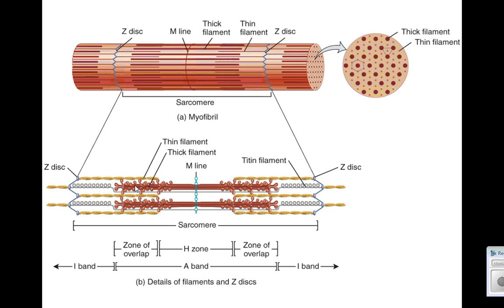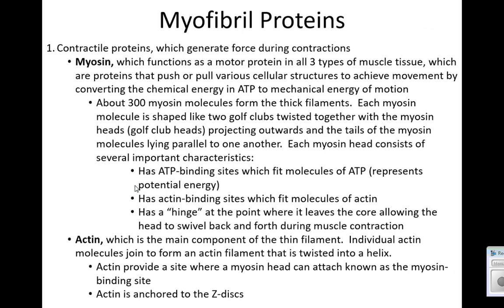And surrounding each one of those big red circles, at least on the inside, not the very far outer ones, will be 6 little red dots. Because every 60 degrees, there's a thin filament surrounding a thick filament. So there's 6 thin filaments that surround each thick filament. Okay. So let's talk about those filaments a little bit more and the proteins that make them up.